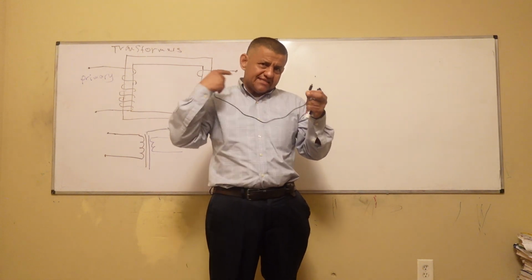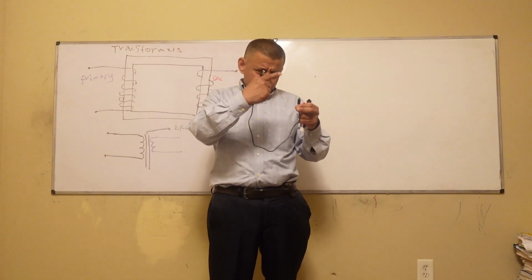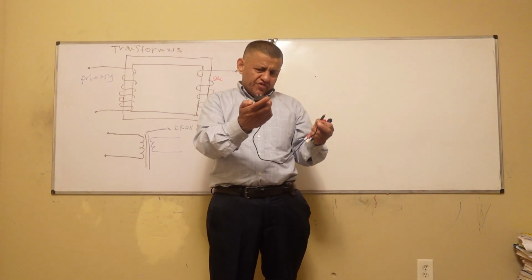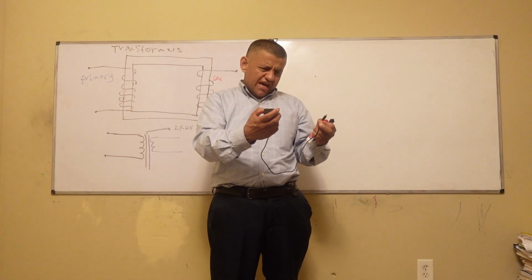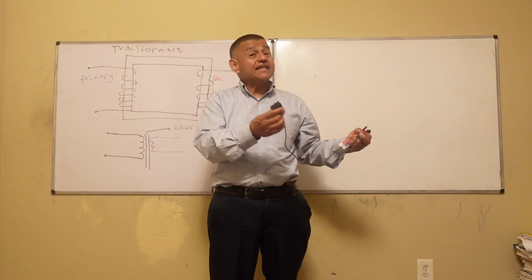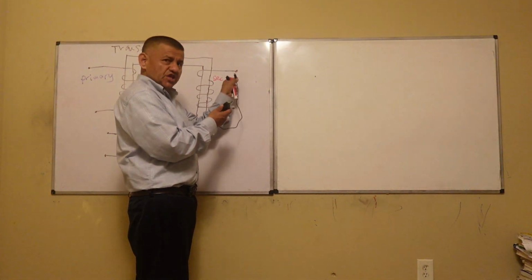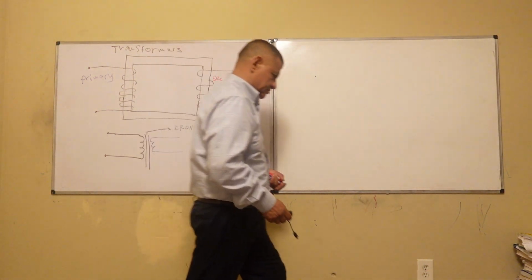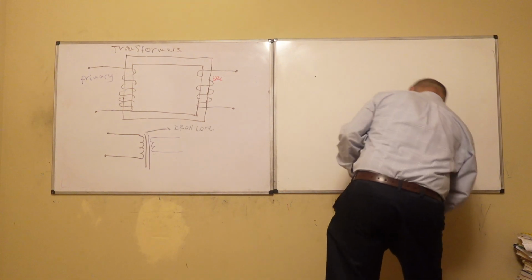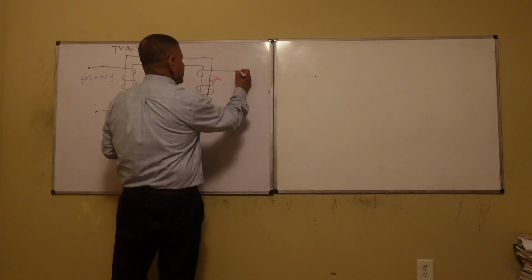A load would be consuming power, taking the electricity coming from this, so it's charging a phone, right? Then it turns into a load. Right now I don't have anything, right? It's an open secondary. Now, once I add a load right here, so now I have something like this.